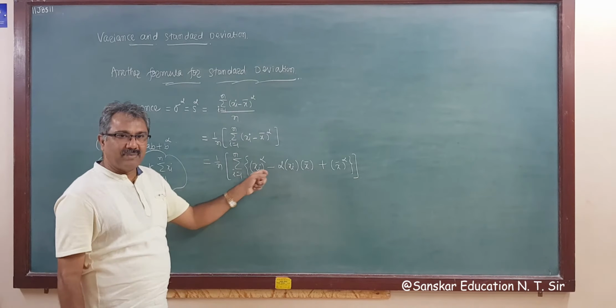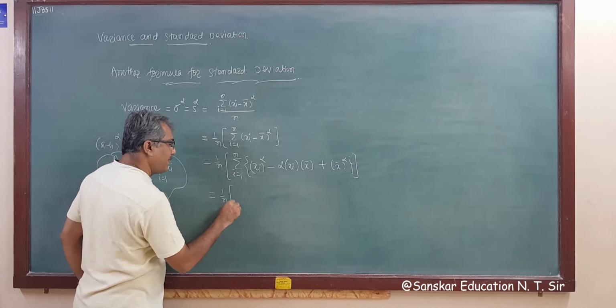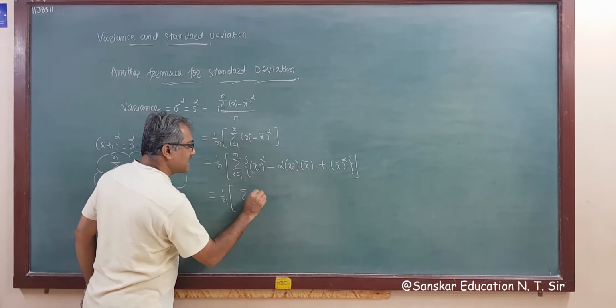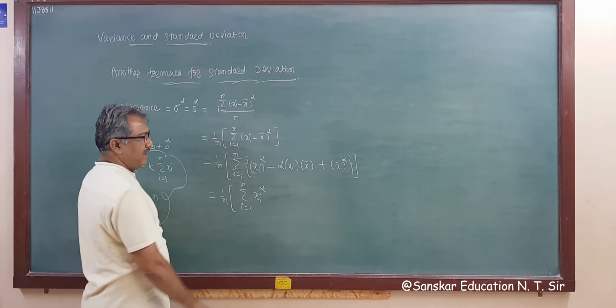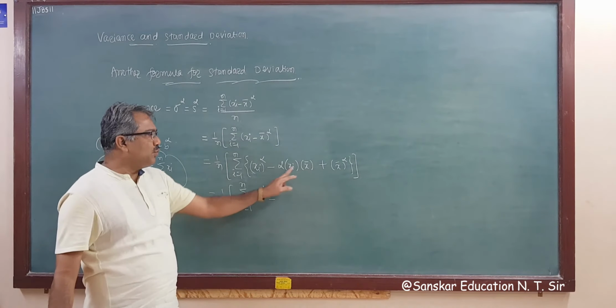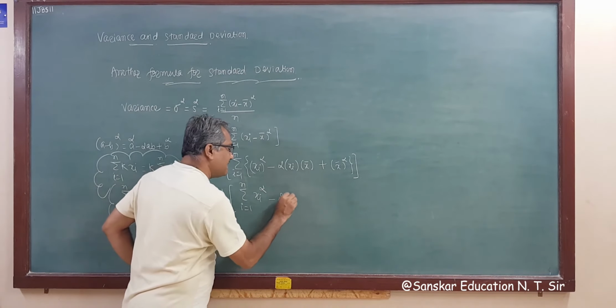So now operating sigma, this is 1 upon n sigma xi square, i running from 1 to n. Now minus 2 x bar; x bar is constant, because only xi is the variable. So 2 x bar is constant.